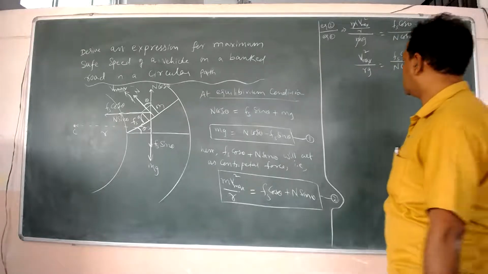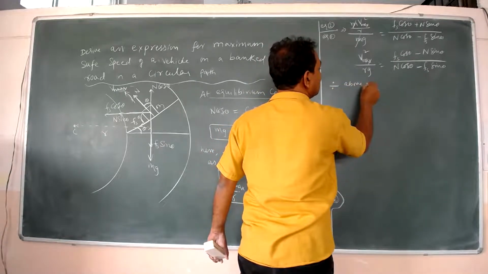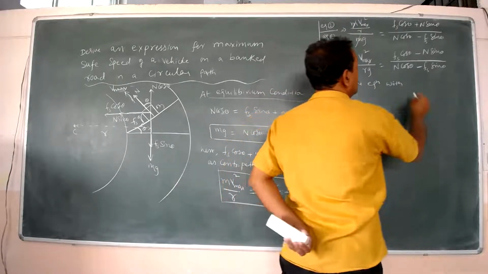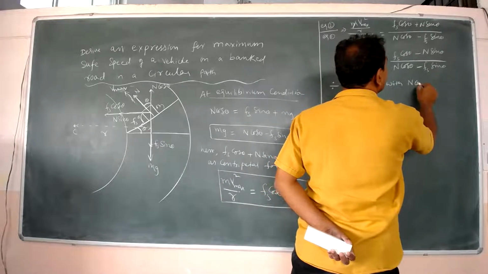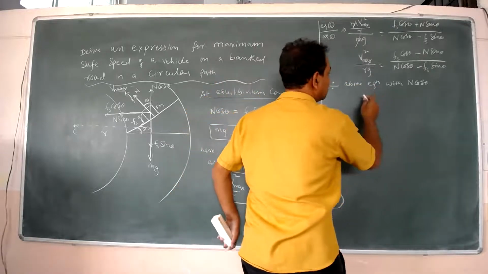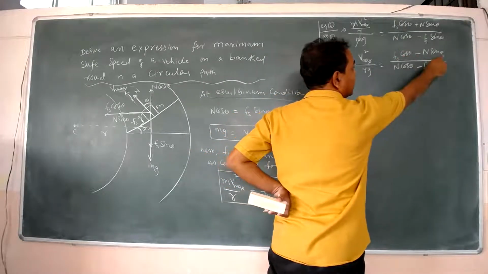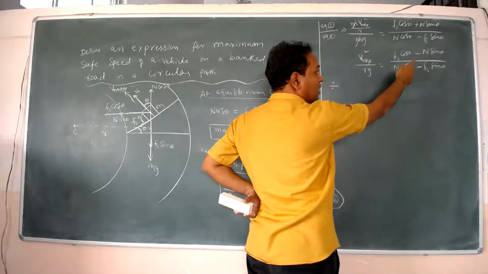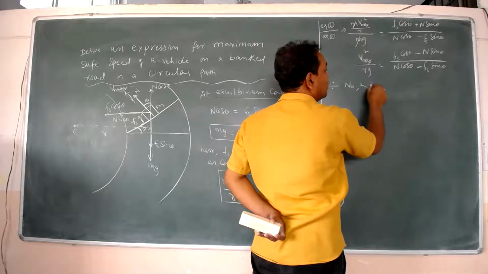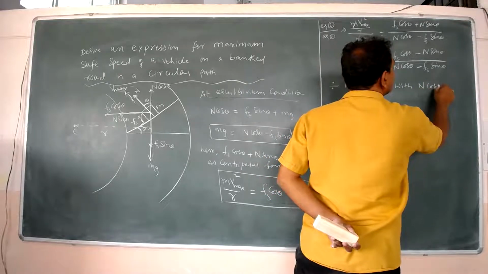Here I will divide the above equation, numerator as well as denominator, with N cos theta.